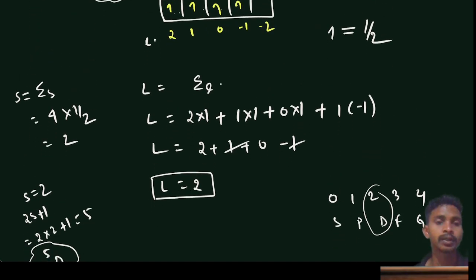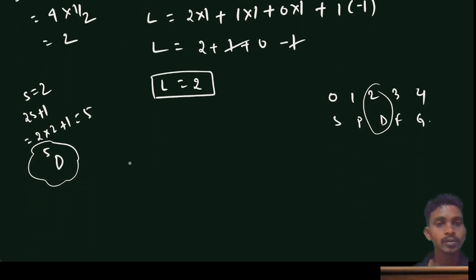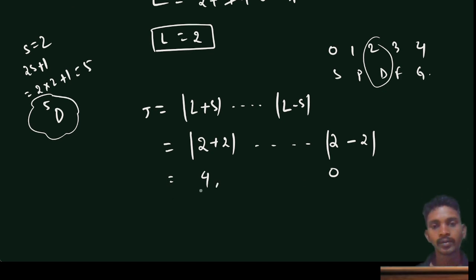Now we want to find the ground state for it. What are the term symbols? For the term symbols, J is L plus S down to L minus S. L is 2 and S is also 2, so that is 2 plus 2, which is 4, down to 2 minus 2, which is 0. So the value is 4, then subtract 1 each time: 3, 2, 1 and 0.